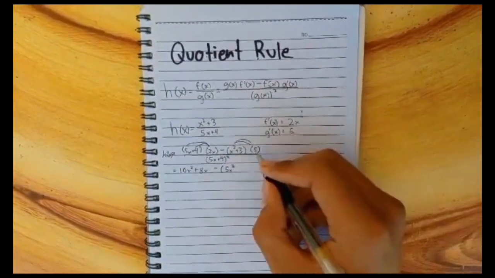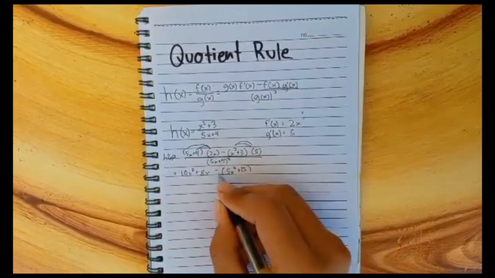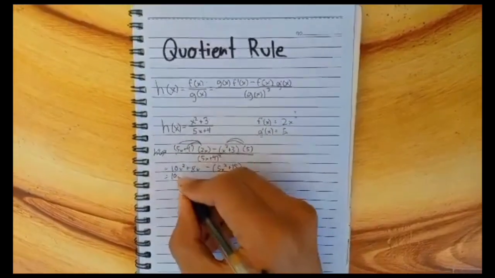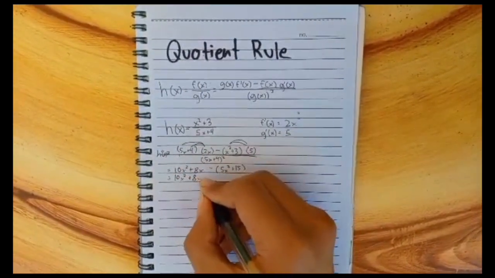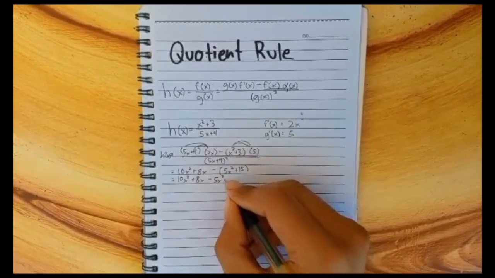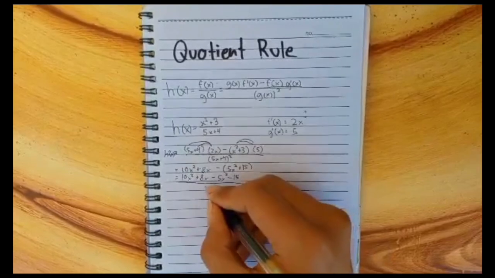Then 3 times 5 is 15. Now let us distribute this negative to the right. It will be 10x squared plus 8x minus 5x squared minus 15, all over 5x plus 4 squared.